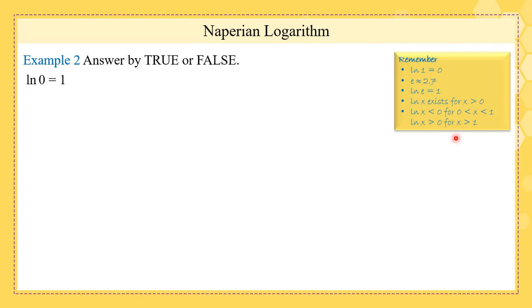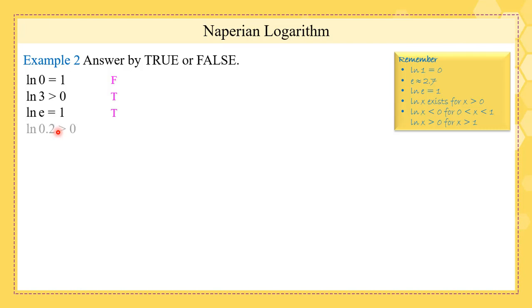Answer by true or false. ln 0 is 1. Is this true or false? In fact, this is false because ln 0 does not exist. ln 3 is positive. This is true. We can use the calculator, or we can say that 3 is greater than 1. ln e is 1. This is also true.